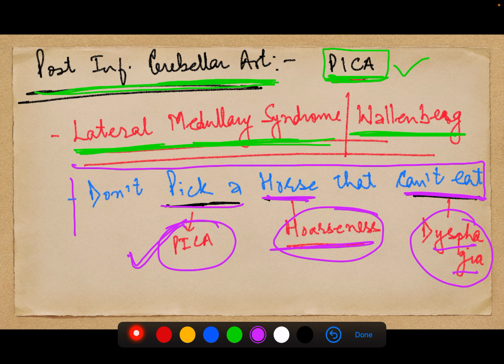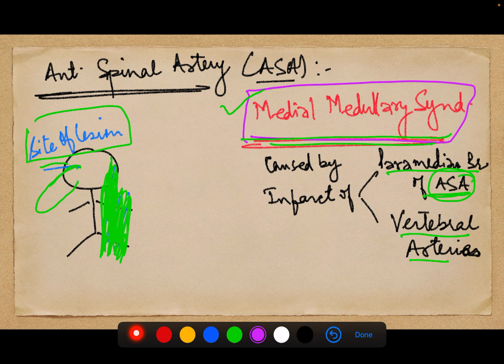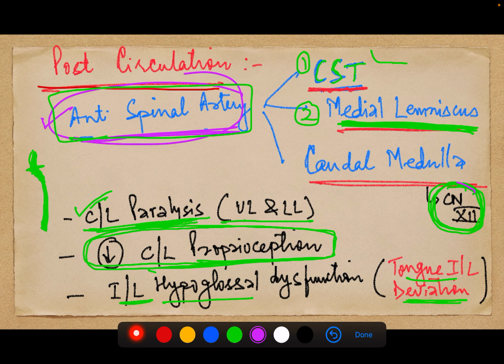If we can recall, the anterior inferior cerebellar artery, not the anterior inferior, the anterior spinal artery, was resulting in medial medullary syndrome. Which cranial nerve was there? The 12th.